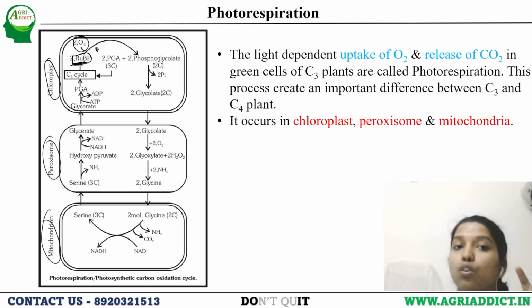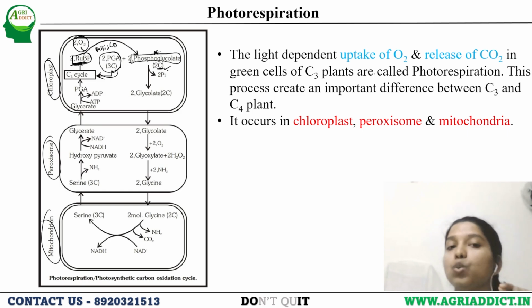Now the oxygenase part of Rubisco will work. This oxygen will be fixed. Then it will get converted into 2-PGA, a 3 carbon compound, and this will go into the Calvin cycle. Now another molecule formed is phosphoglycolate. This phosphoglycolate is a 2 carbon compound. That's why we are calling it the C2 cycle.